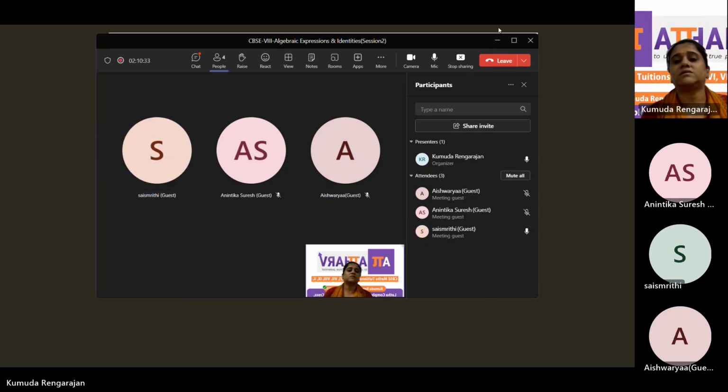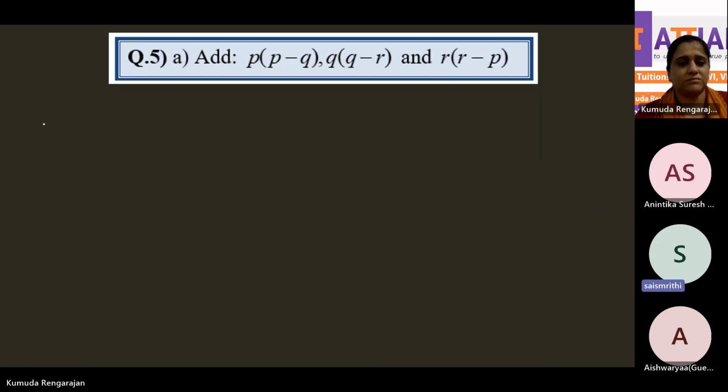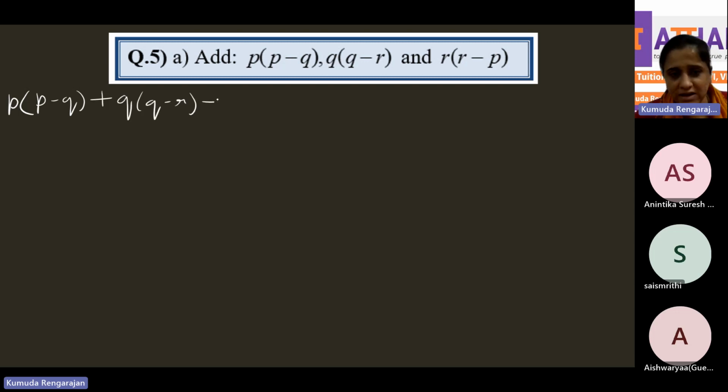Then tell me. Can you show me the question? Yes, ma'am. P square minus P cube. How should I start? P into P minus Q plus Q into Q minus R plus R into R minus P. Because we'll have to add, no? So connect the expressions with a plus sign.